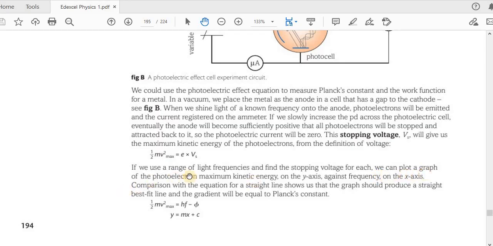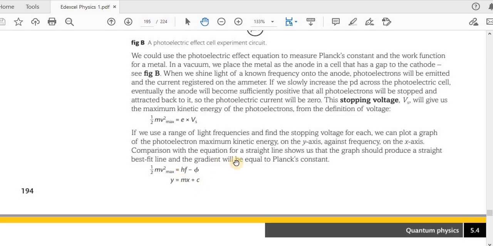We can plot a graph of the photoelectron maximum kinetic energy on the y-axis against frequency on the x-axis. Comparison with the equation for a straight line shows us that the graph should produce a straight best fit line and the gradient will be equal to the Planck's constant. So we will see how this is done.